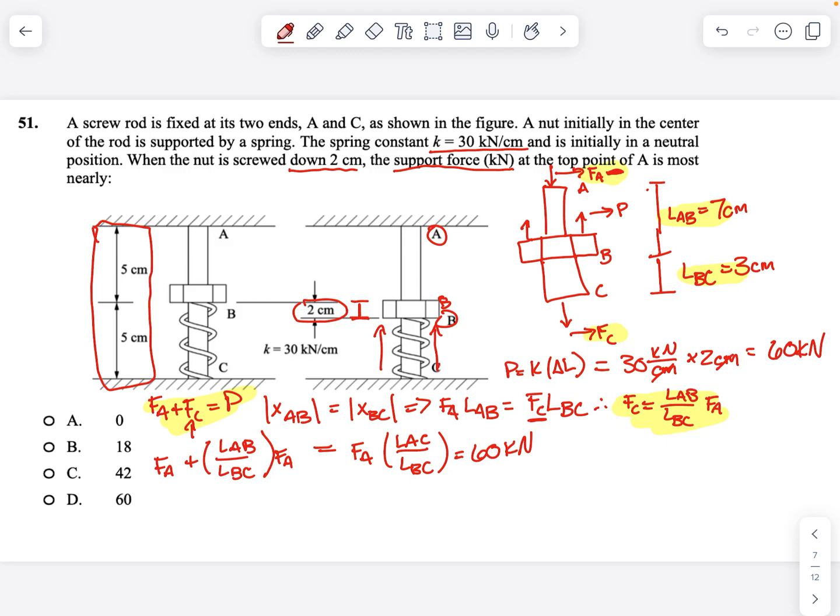From there, it's just plug and play. We have all the values, so we plug those in and it should give us an answer. 3 over 10, since LAC is 10, times 60 kilonewtons is equal to 18 kilonewtons, which is B.